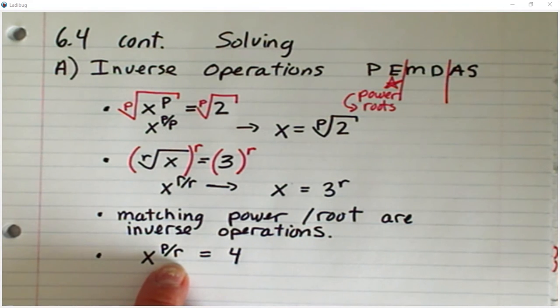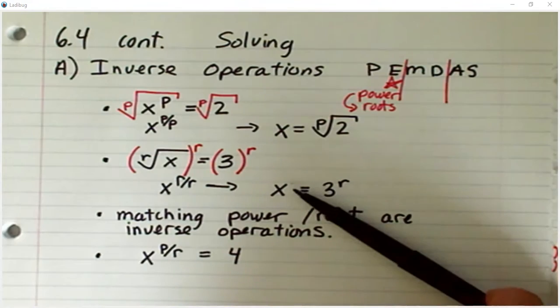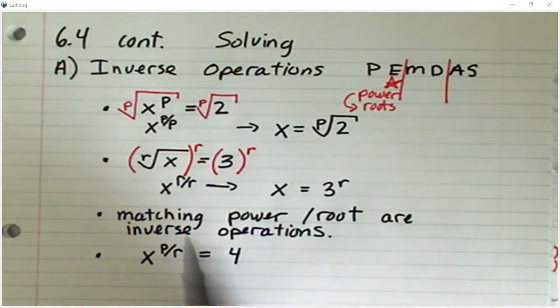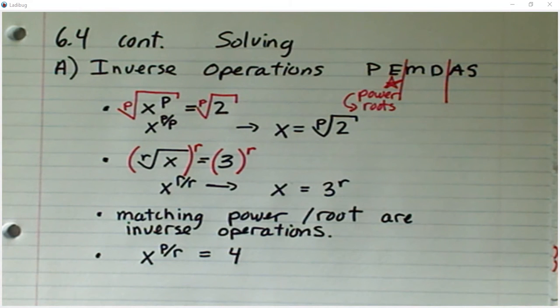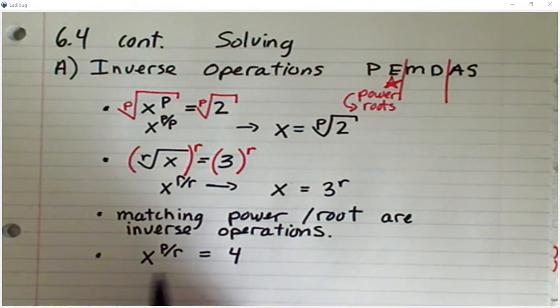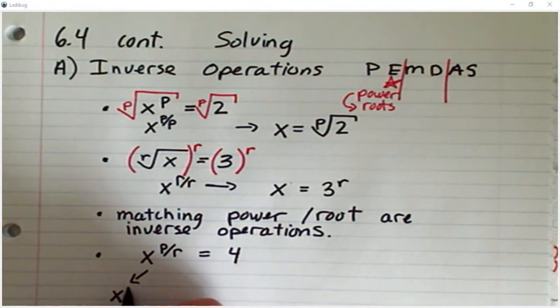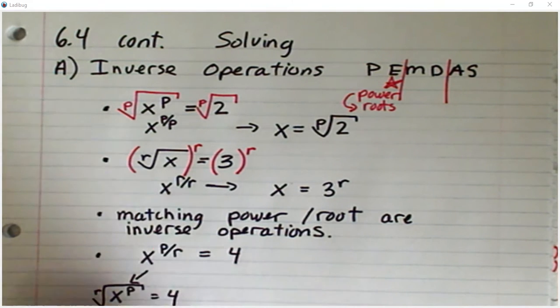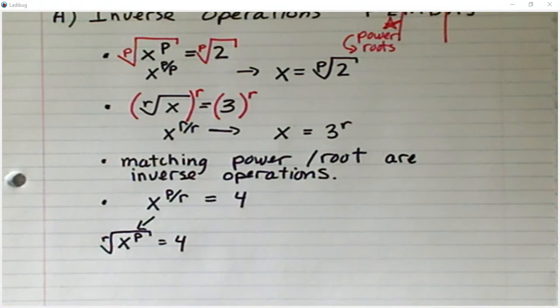Now notice our goal is to end up with a 1. Okay, so I need the power and the root to kind of cancel each other out. Okay, so I'm going to write this in radical format. Okay, so that's x to the p root r equals 4. And then I'm going to do it in 2 steps.